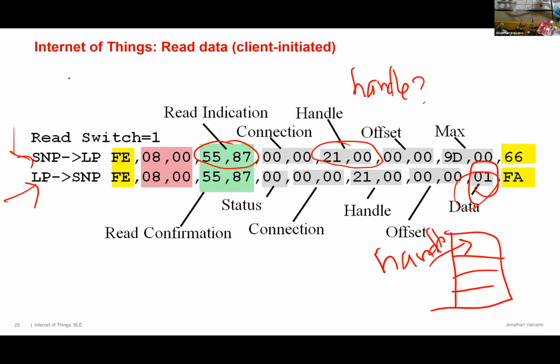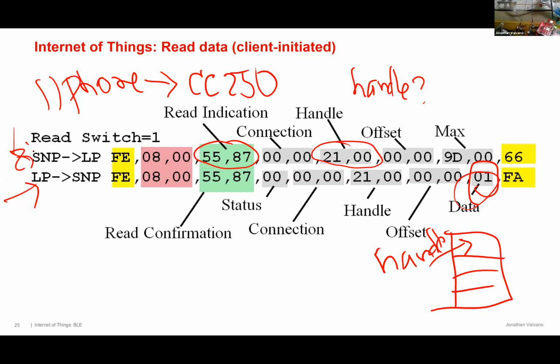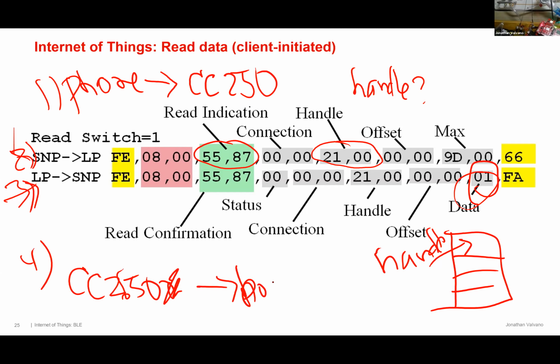Okay, so again, there's a packet from the phone to the 2650, and then that's one, and then two, then three, and then four. Then there's a packet from the 2650 back to the phone. Okay.